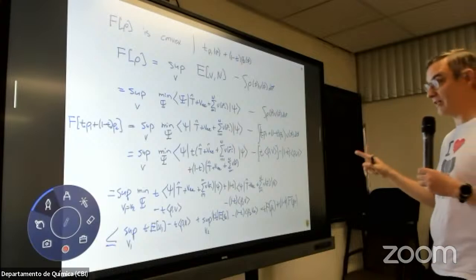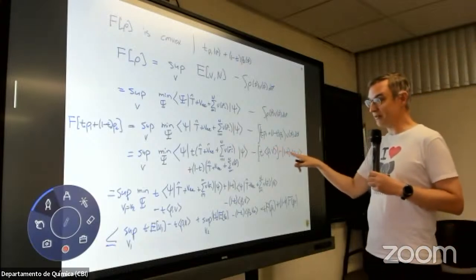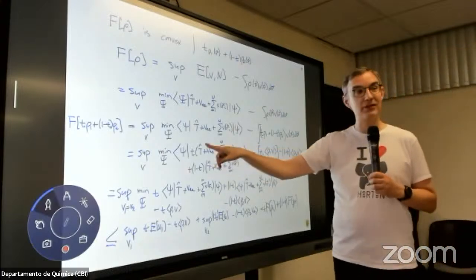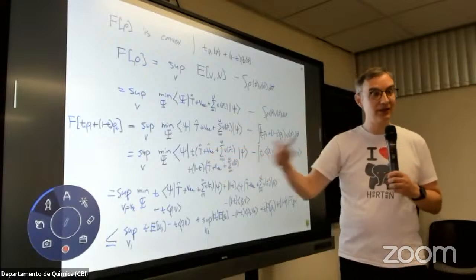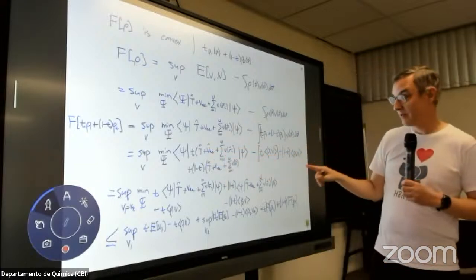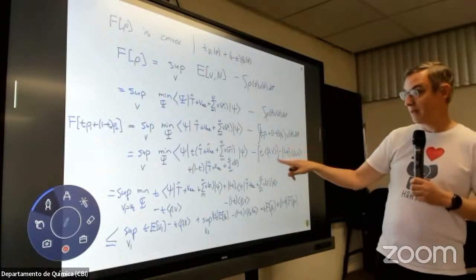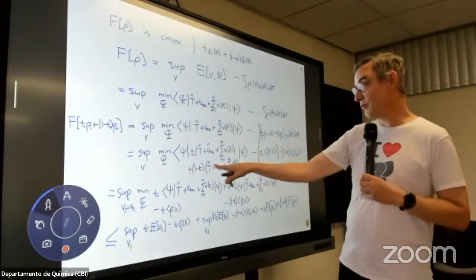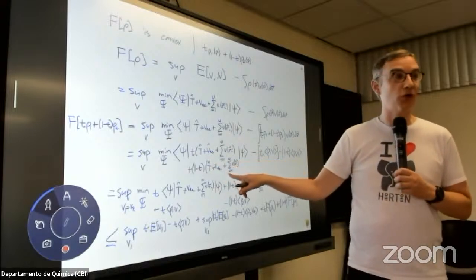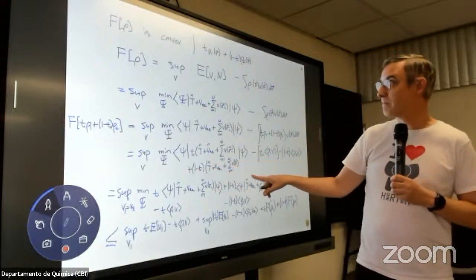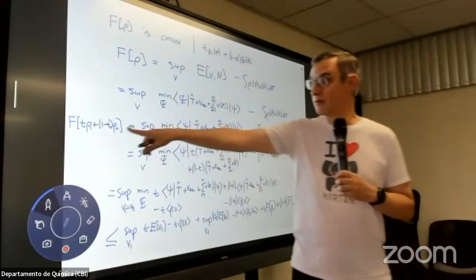I only do it at the point that I've decided to break this term into a t plus 1 minus t. I have a rho 1 and a rho 2. In the first term here, there's no rho 1 and rho 2 at this stage. They're just v's.